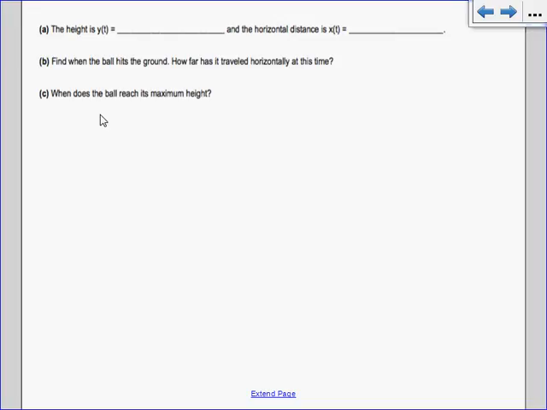So it ends up being 35 times sine of 30 times t, and then minus our 16, well, let me write it as 1/2 of 32. So minus the 1/2 of 32 t squared. So it simplifies to 17.5t minus 16t squared.